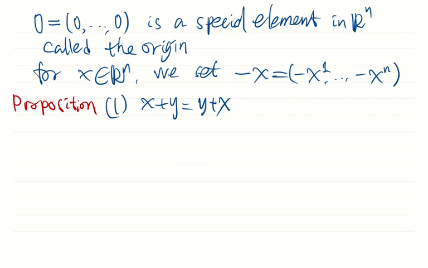This is obvious by the definition of addition. And also, suppose x and y are elements in Rn, then x plus y is a new element in Rn. Now we add the third element z. This will equal x plus the quantity y plus z. Associative property.